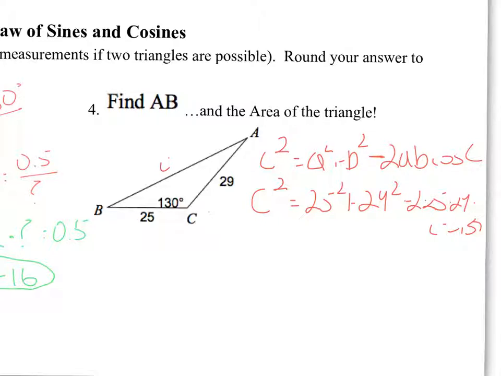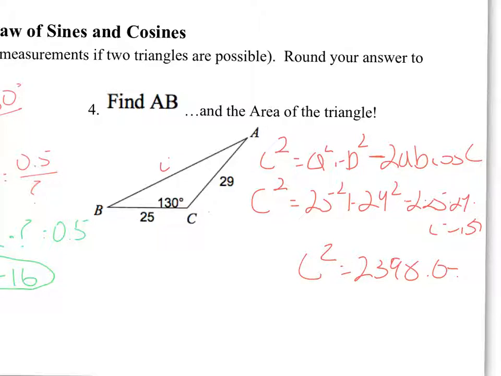So 25 squared plus 29 squared minus 2 times 25 times 29 times cosine of 130. And we get that C squared is equal to 2398.04.